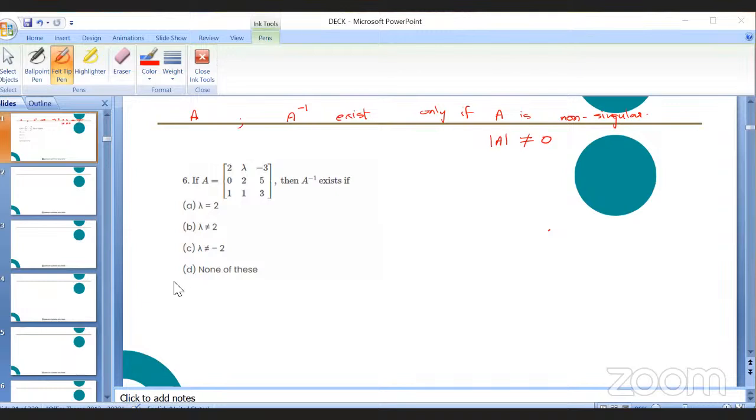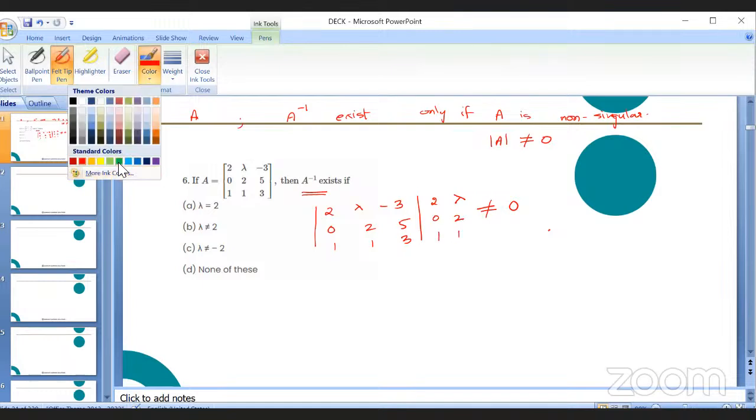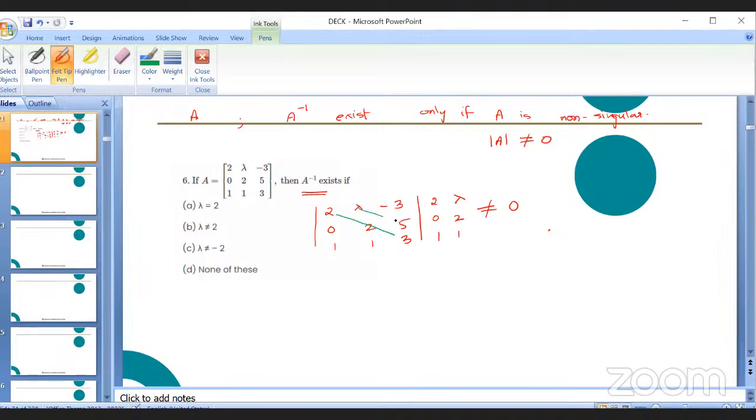Yes, Pallavi, D is correct. I said, if you want A inverse to exist, determinant of the matrix with rows 2, lambda, -3; 0, 2, 5; 1, 1, 3 should not be 0. So how will you find determinant? Repeat the first two columns, and then cross multiply like this.